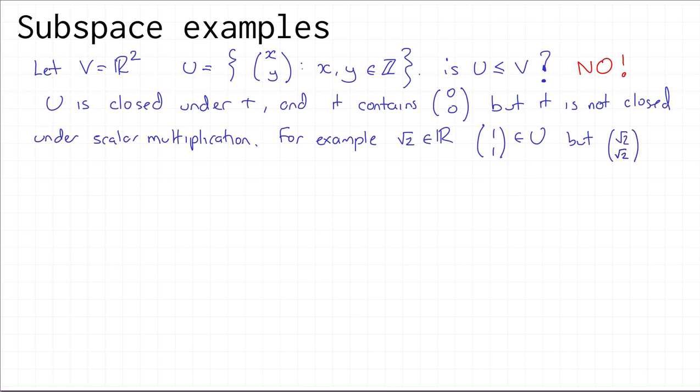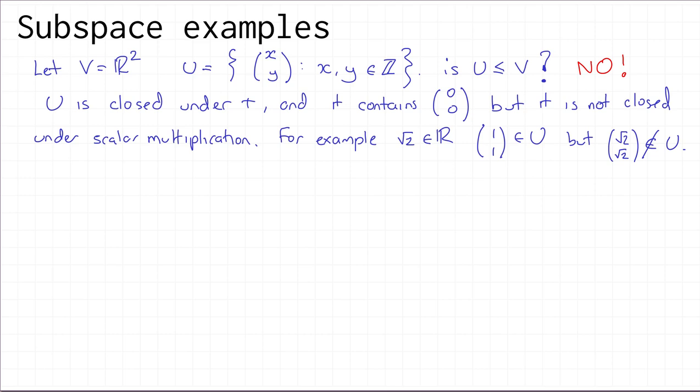So root 2 times 1, 1 is root 2, root 2, which is not an element of U because its entries are not integers. So this is an example of something which is closed under addition and contains the 0 vector, but is not a subspace because it's not closed under scalar multiplication.